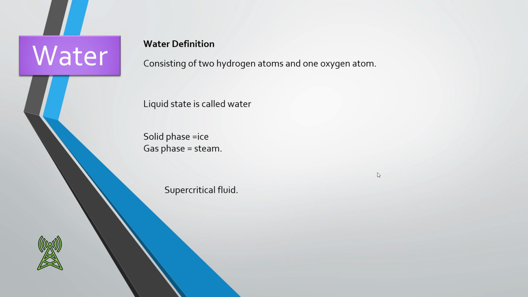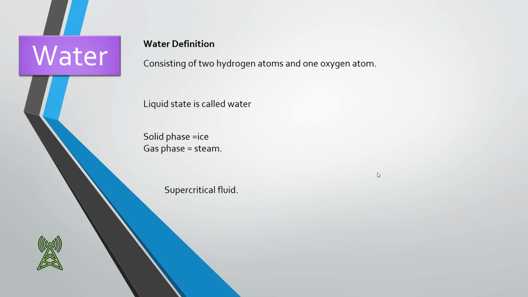Many fluids can attain this state, and you may have studied in physical pharmacy or physical chemistry topics the supercritical fluid. At the critical point, the fluid has the properties of a gas, and the solubility properties of a liquid.